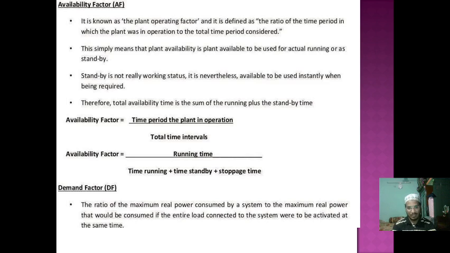If the demand factor is suitable for the power plant, then in terms of ratio, the maximum real power consumed by the system is compared to the maximum power that would be consumed if the entire load were activated at the same time.